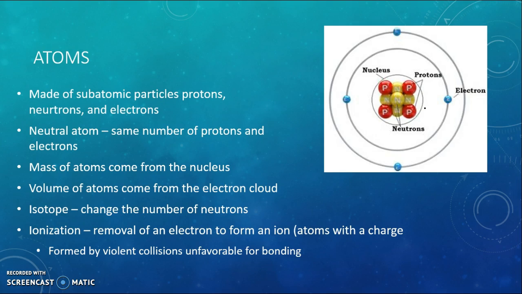But that green pea would be your nucleus. The remainder of the field and the stadium and all the way up through the concessions would be your electron cloud. So the volume comes from the electron cloud.